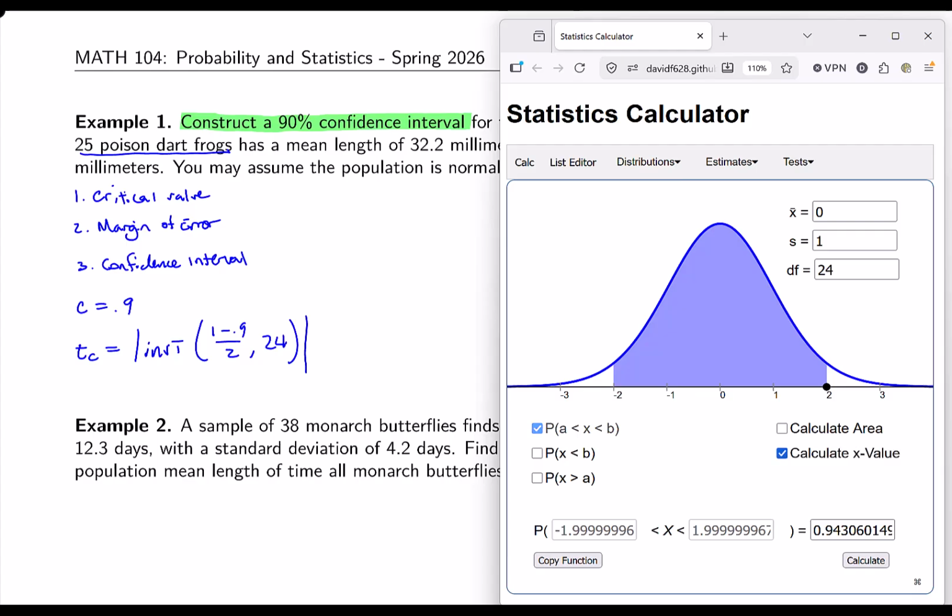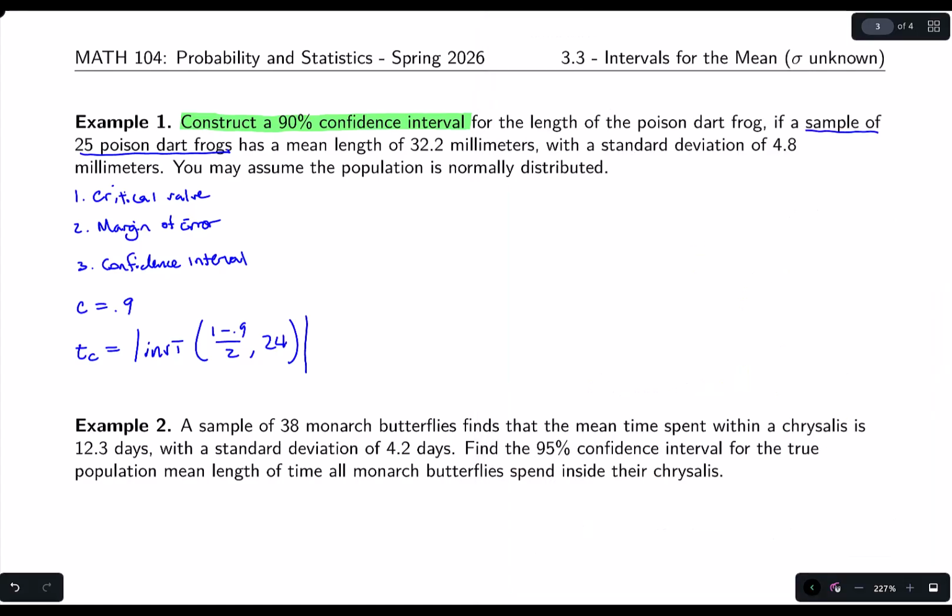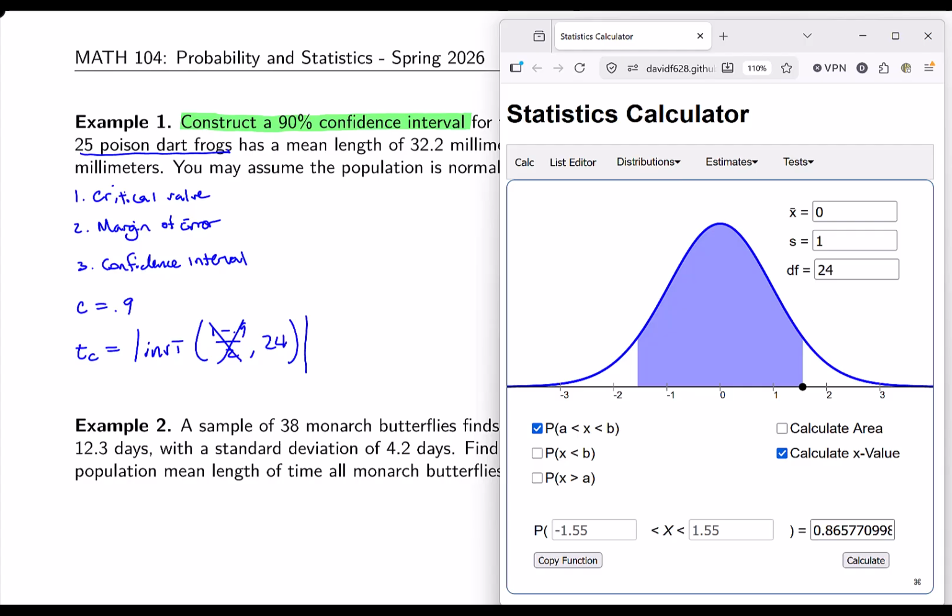Now, we want the area centered about the mean. So we want this area to be centered, and if you're in this between mode, it will do that, just like with normal distributions. So you don't actually have to worry about this conversion using the stats calculator. You didn't have to worry about it with normal distributions, and you don't have to worry about it with t-distributions either.